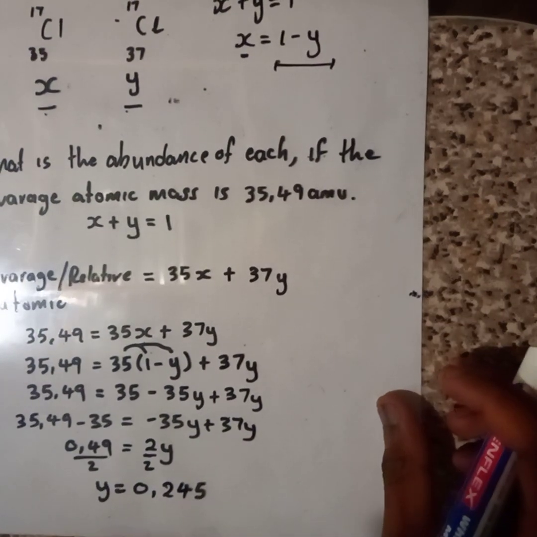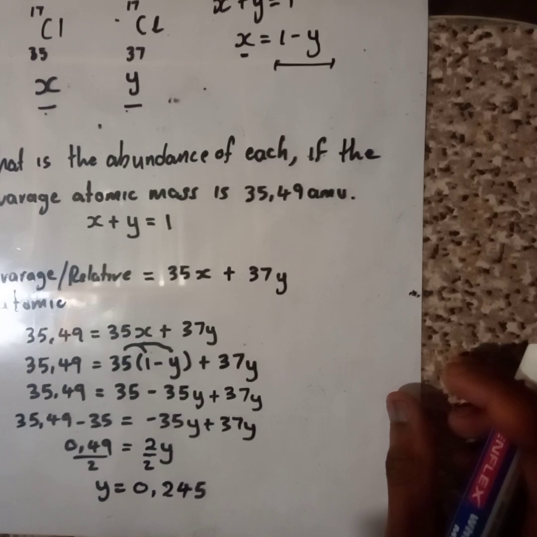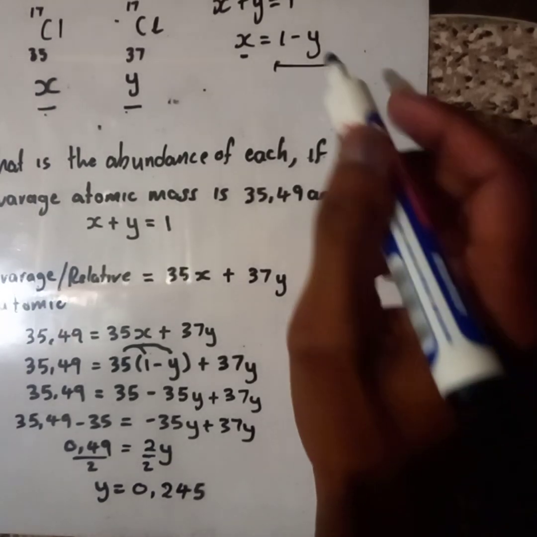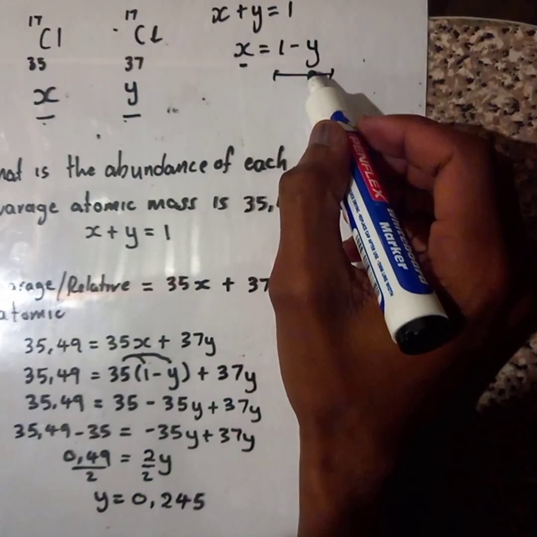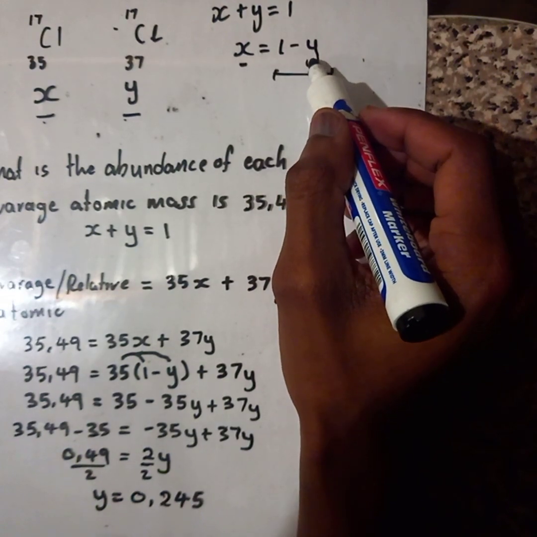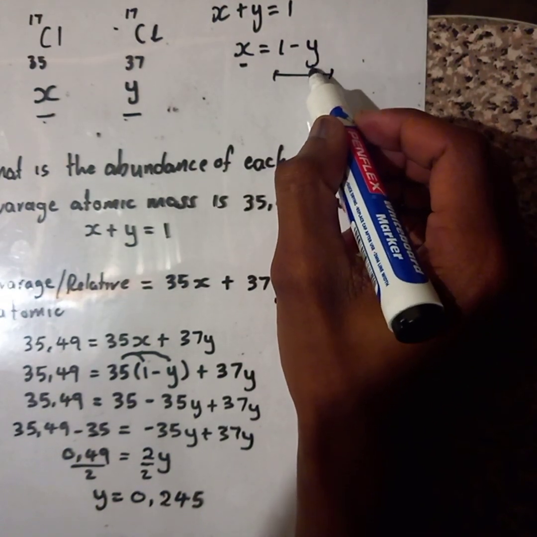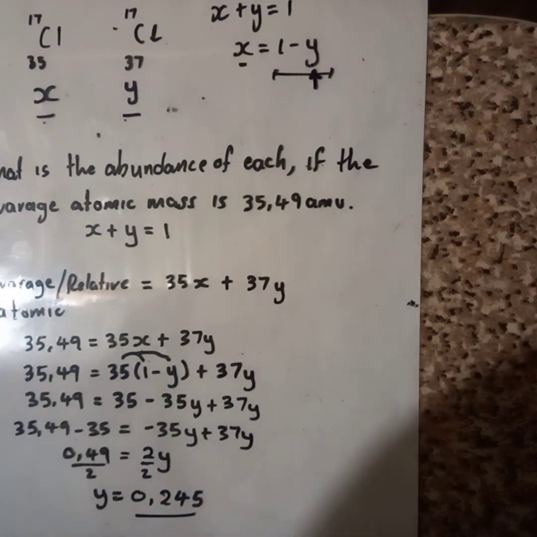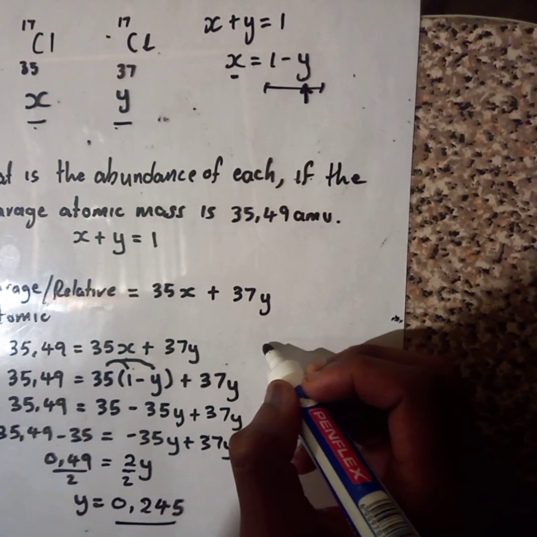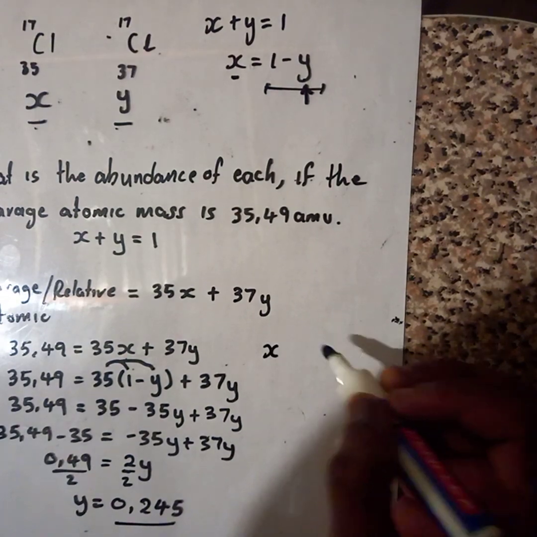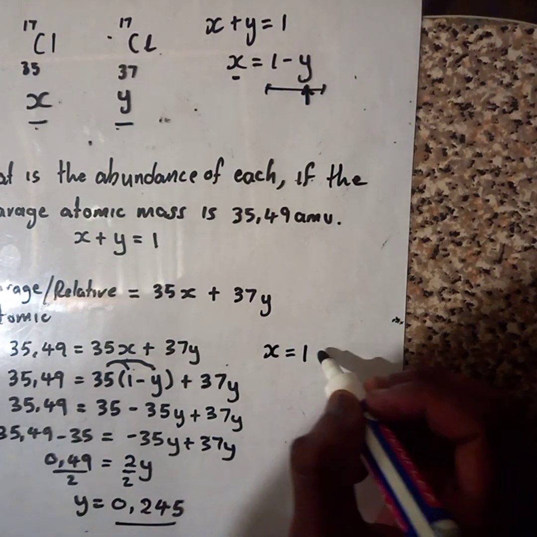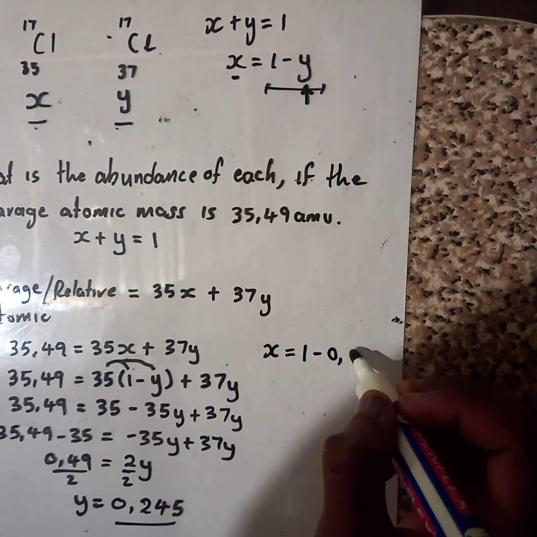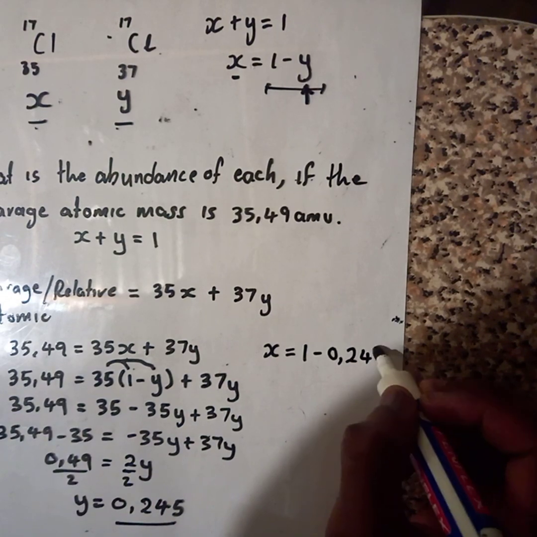For us to get our x, do you see this equation? Where we see y, we substitute this number, so x equals 1 minus 0.245.